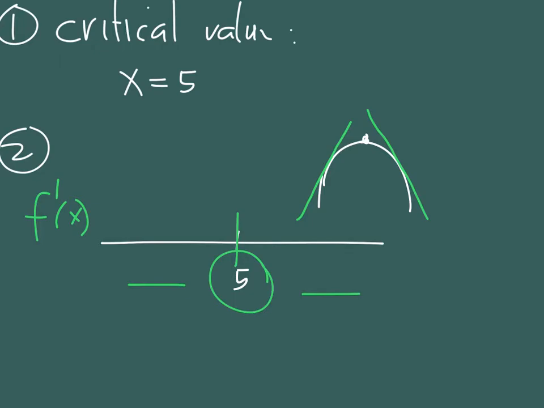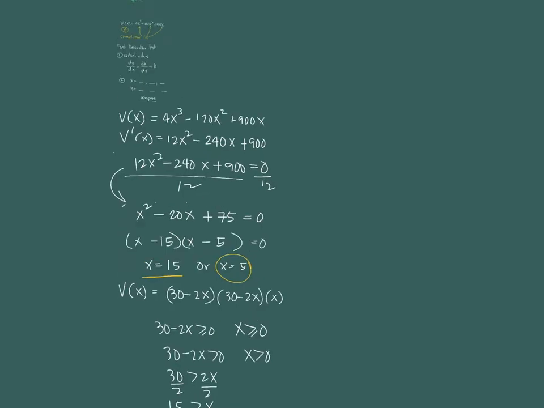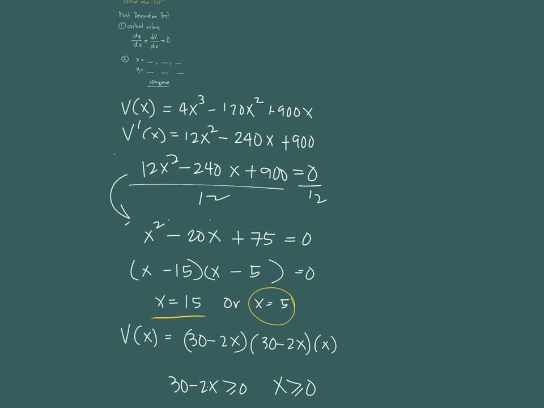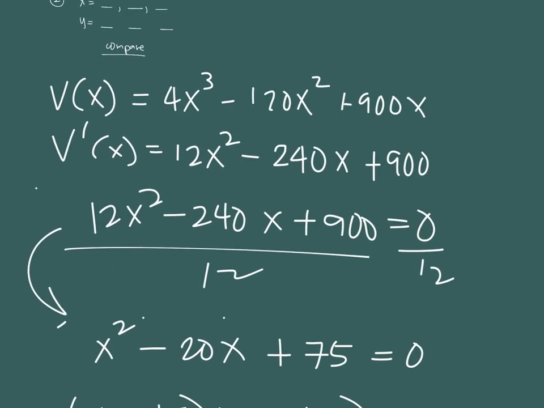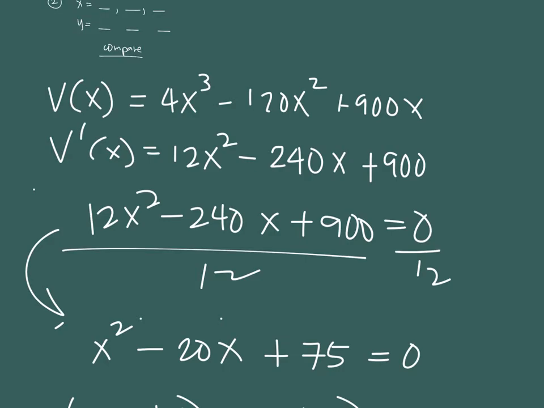So how are we going to test that? You will substitute a number before 5. You can choose any number before 5 and then another number after the 5. Okay, suppose we choose 1. Let's go back to your derivative. Derivative is 12x squared minus 240x plus 900. Please substitute x equals 1 to the expression.